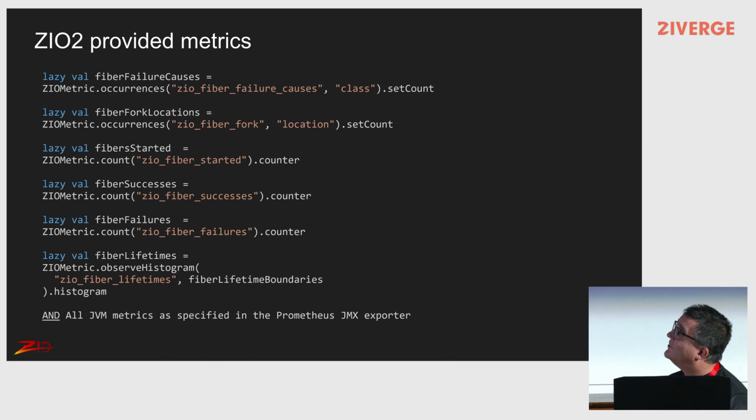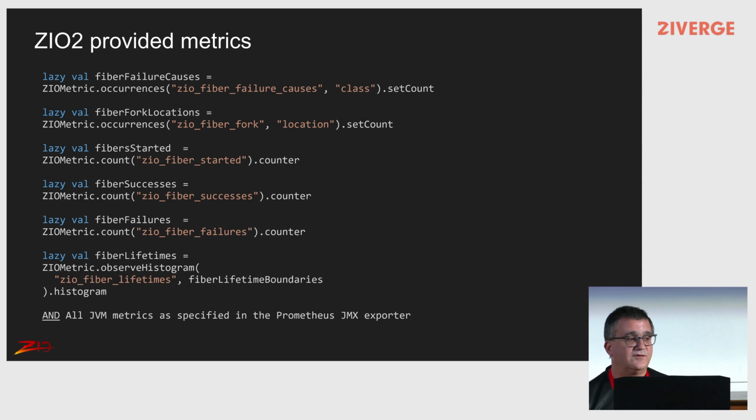Speaking of the ZIO 2 provided metrics, besides the fiber fork locations, we have defined a couple of others. For example, the failure causes would be another example for a set. Whenever the application or a fiber terminates with an exception, we capture the class of that particular exception, and we count how often that exception did occur.